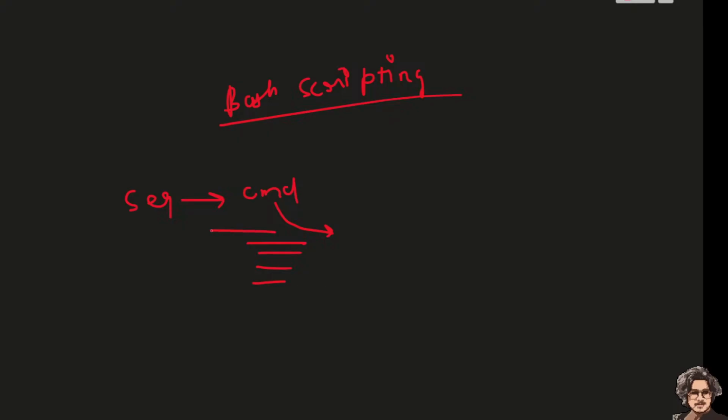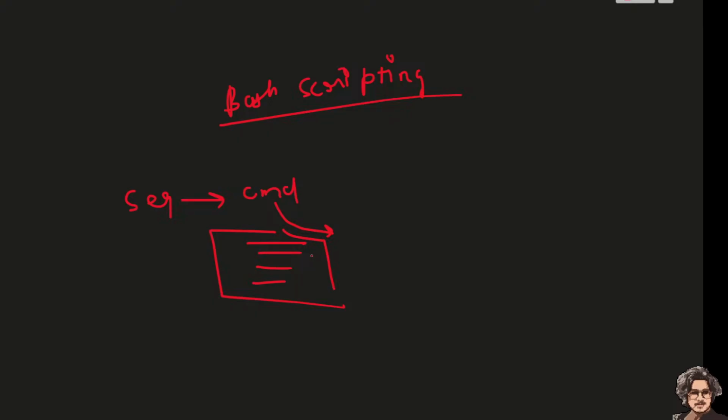We convert the commands into a file and run them once. It automates repetitive and time-consuming tasks, executes multiple commands in a single run, saves time and reduces manual effort.